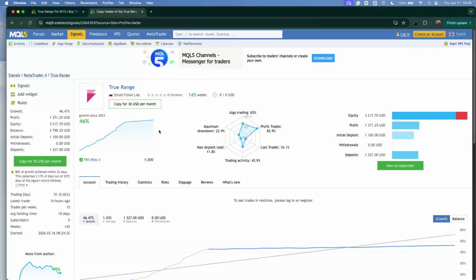This is the live signal I showed you earlier. From 2023 it's been running to 2026, and we have a 46% growth. Initial deposit was $1,100, and since then it has made profit of $1,371 US, even though they added some additional $1,327 deposit to the account to have the equity sitting at 3,217.